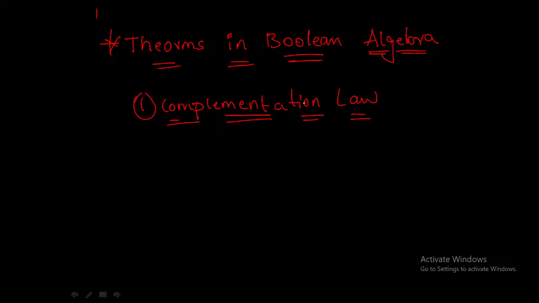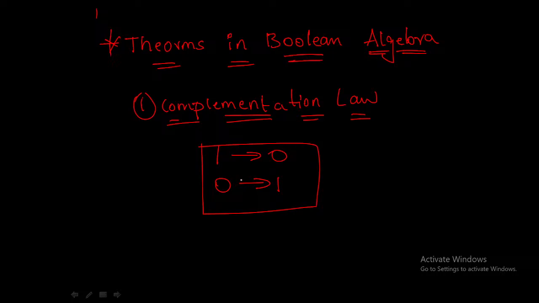The term complement implies to invert, that is, change 1s to 0 and 0s to 1. What is meant by complement? Complement is nothing but changing 1 to 0 and 0 to 1. So what is the complement of 0? The complement of 0 is 1.